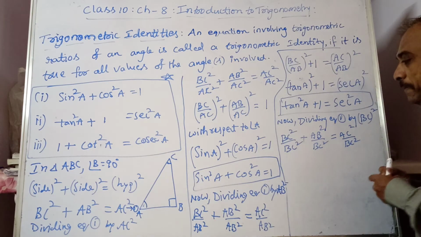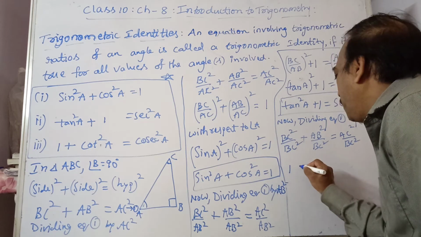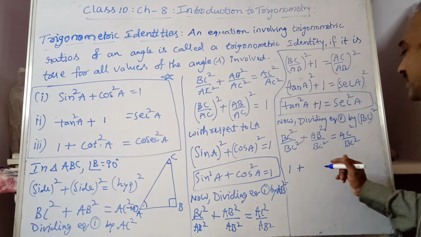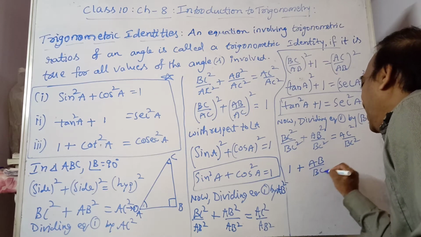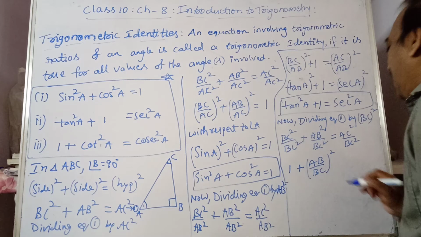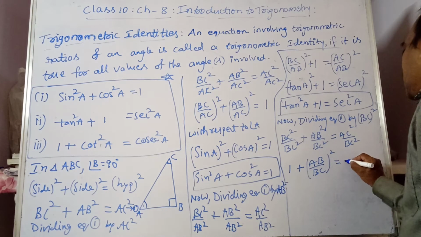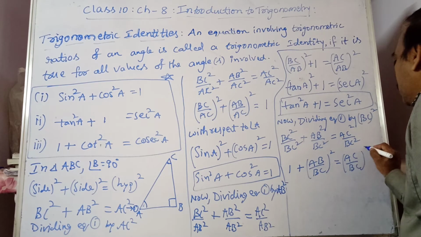Observe it, BC square by BC square is nothing but 1 plus AB by BC whole square, which is equals to AC by BC whole square.